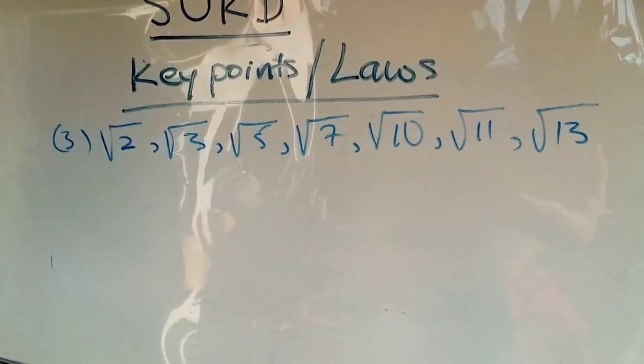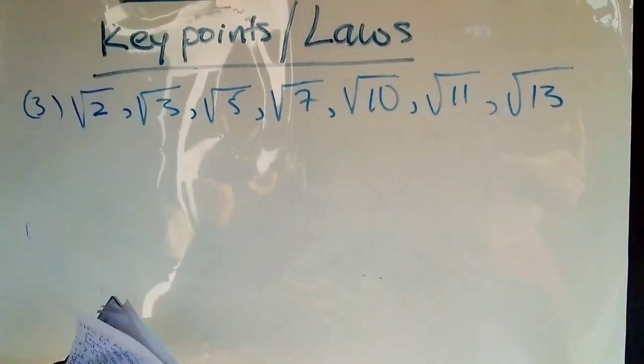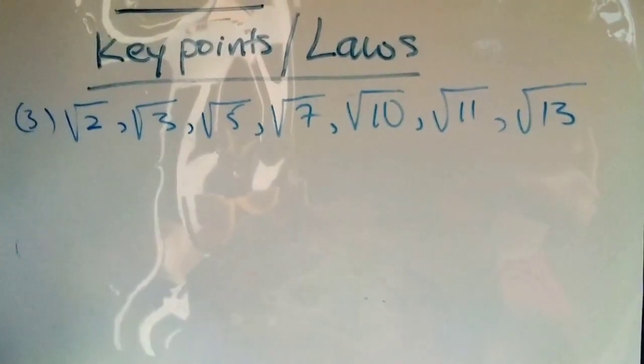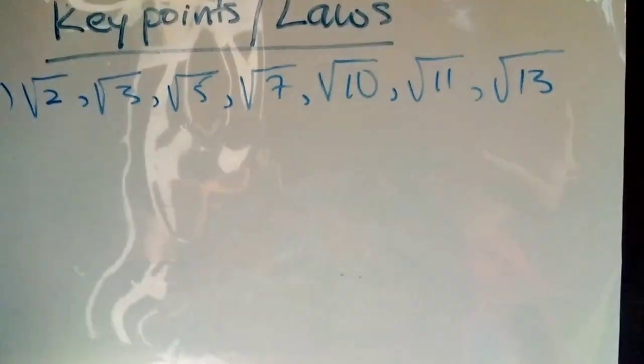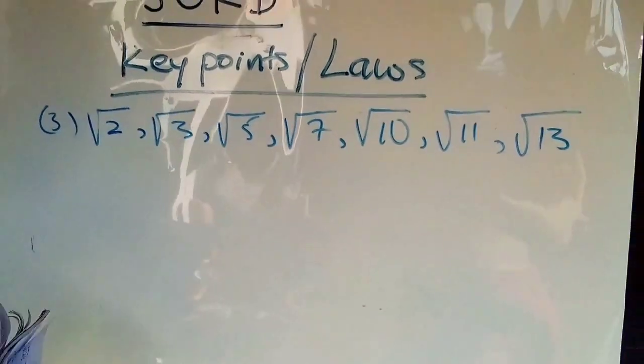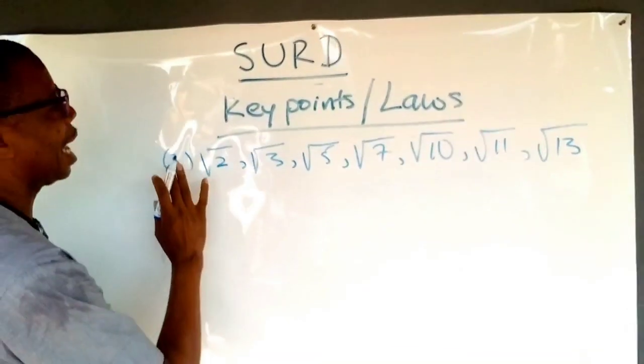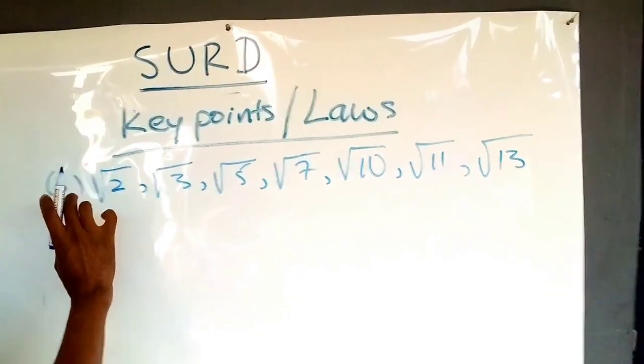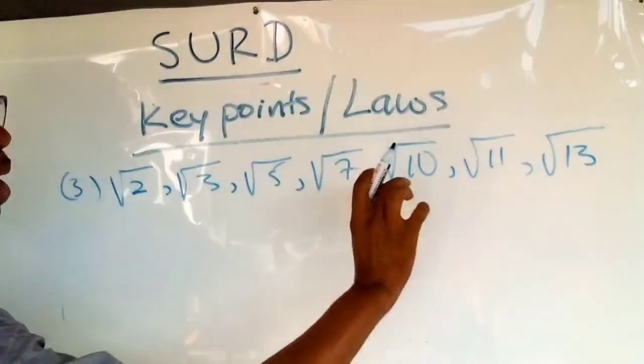I've told you what irrational number means. Those numbers that even in their decimals, you cannot change them to a fraction. They are called irrational numbers. Okay? Now, these are what you'll be looking out for in any surd question.